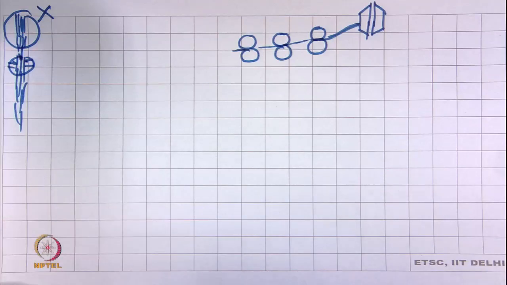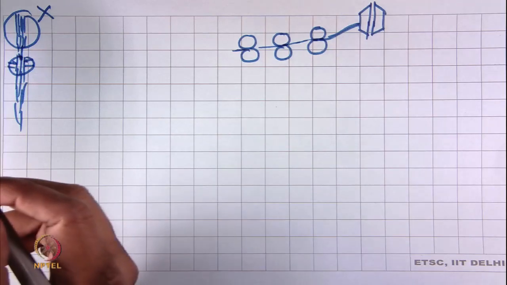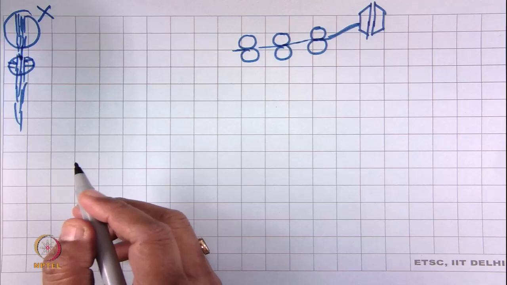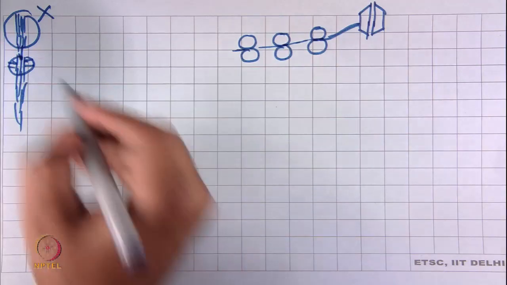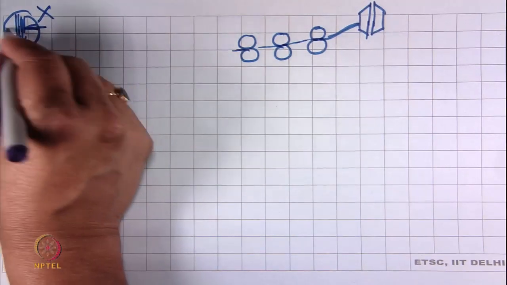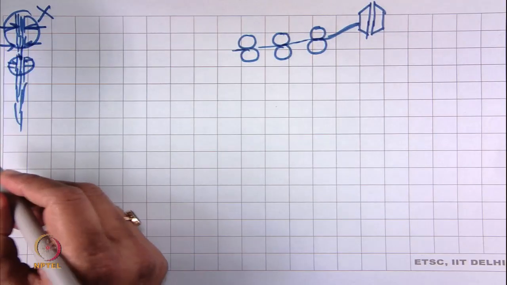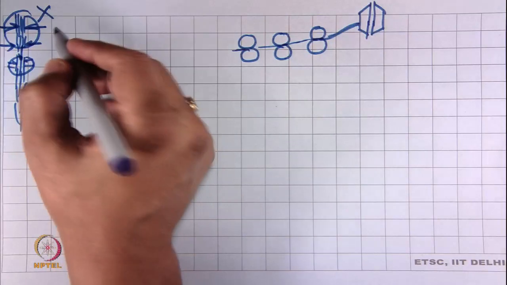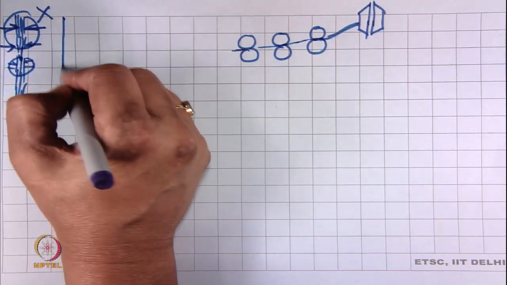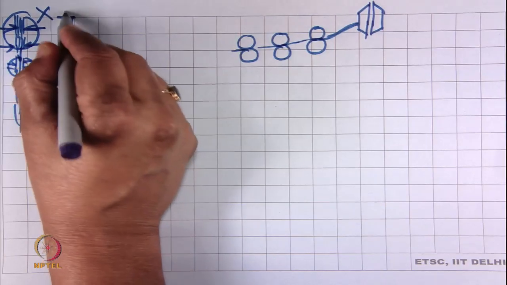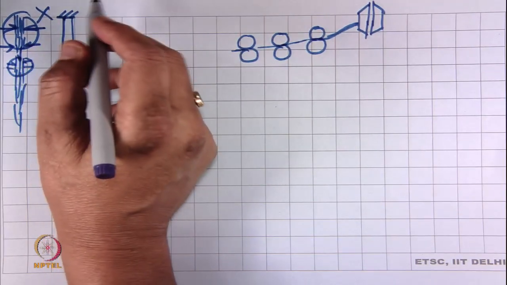Now, here comes the requirement of twist. Twisting is nothing but to impart some lateral force on the fibers. And how do we do it? We rotate one end, keeping the other end not rotating.